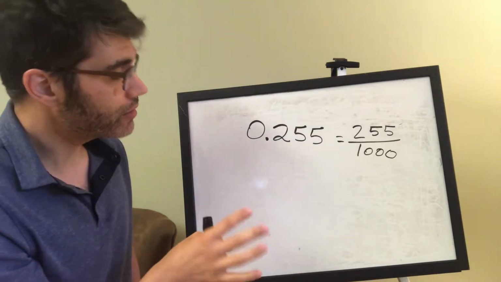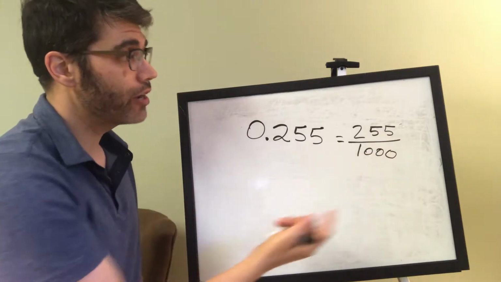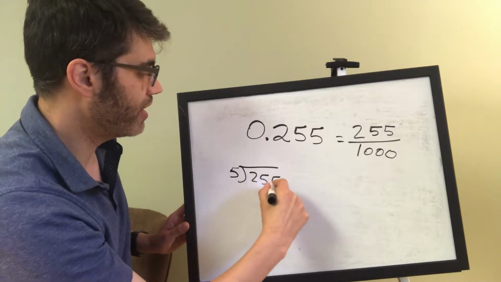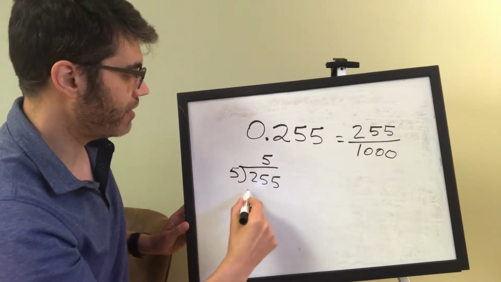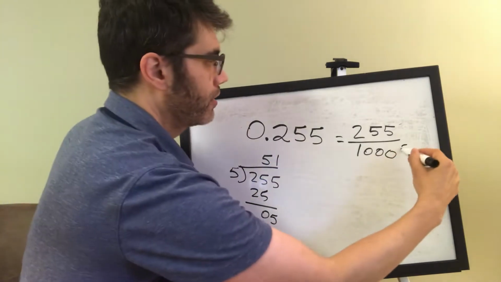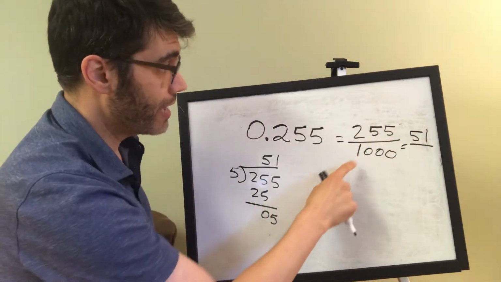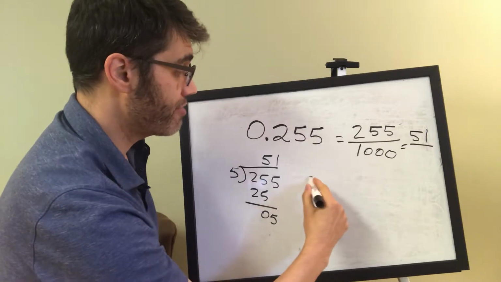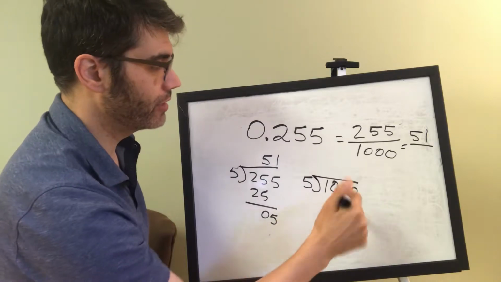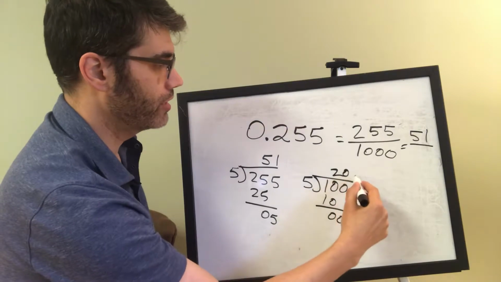It's a little bit tougher to see right off the bat, but since this ends in 5 and this ends in 0, 5 can go into both. So that would be 5 into 255. That goes 51 times. 5 goes into 1,000 200 times: 5 goes into 10 twice, and then carry that down, and then just zeros from there on.